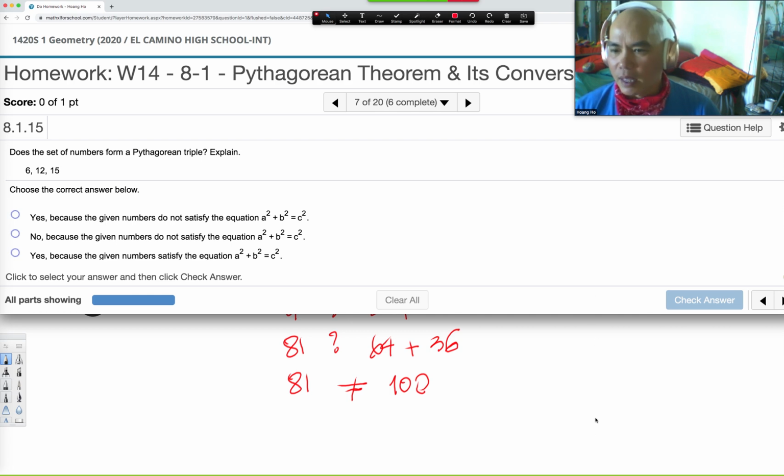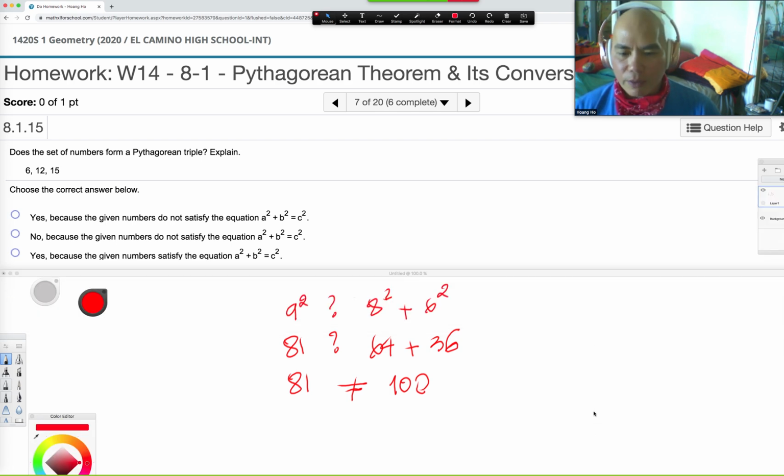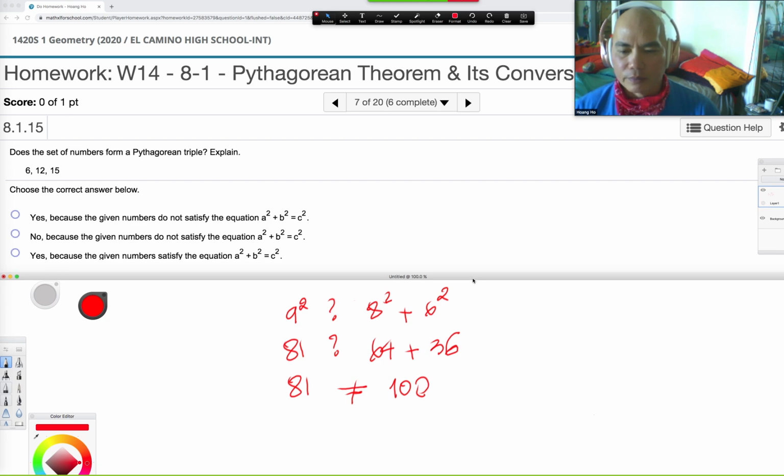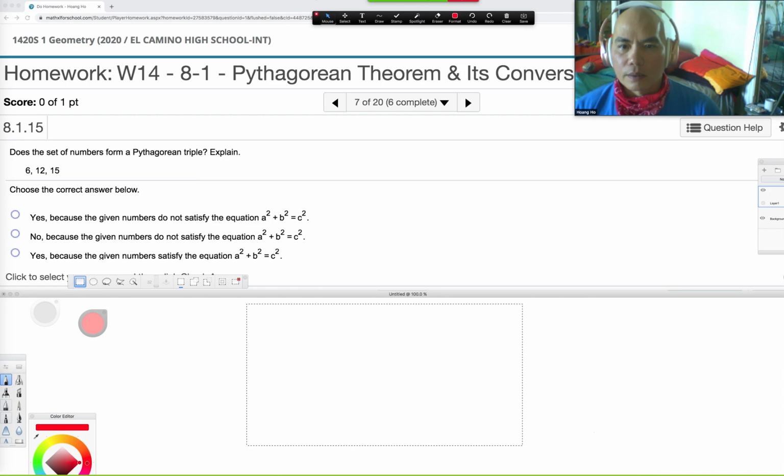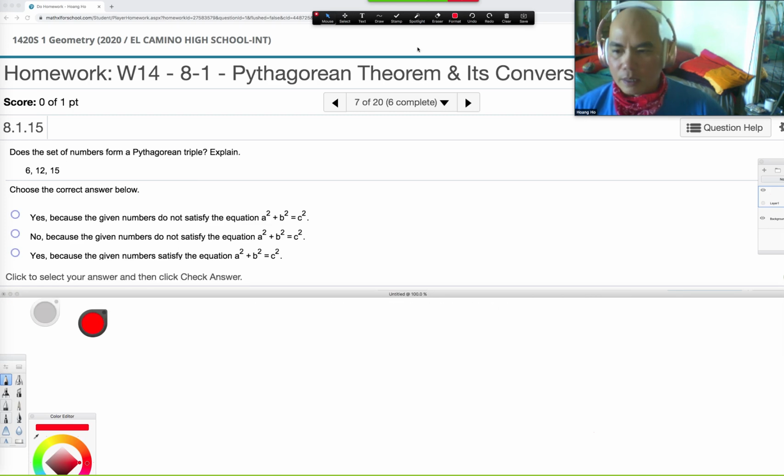Very similar. Now they give you 6, 12, and 15. So I go over here. All right, here we go. So I take 15, I square it, and I compare with 6 squared added with 12 squared.